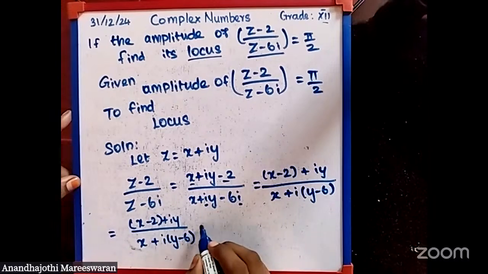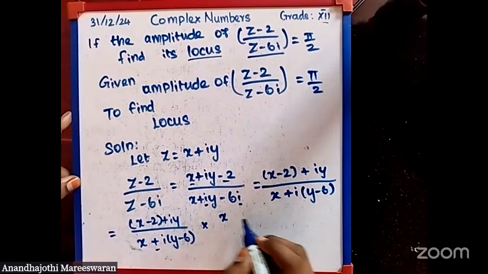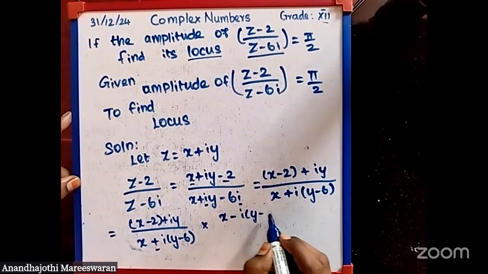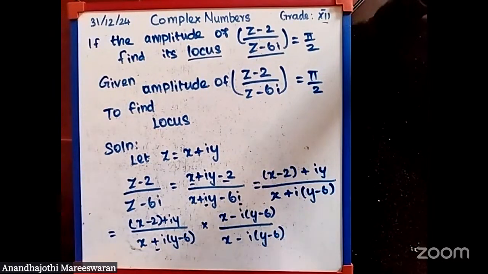So x minus i multiplied by (y minus 6), divided by x minus i multiplied by (y minus 6). If we multiply and divide by the same number, the value remains the same. Okay, fine. I will give you one more minute so that you can copy this down and we can move to the next step.